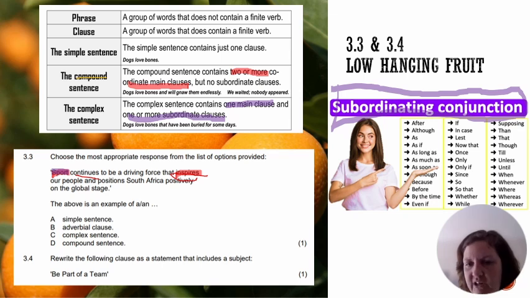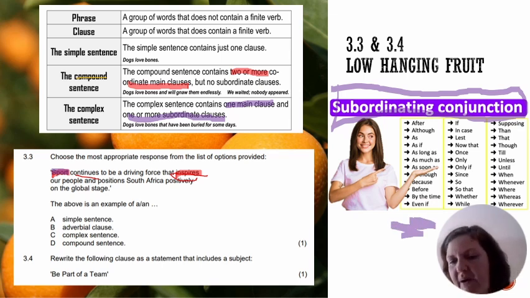So you could actually go and learn this list of subordinating conjunctions more or less off by heart. And you could know that words like than and that and because and if and as, those words are subordinating conjunctions. And if you see two verbs joined by a subordinating conjunction, it must be a complex sentence. So there's a little hack that you can study to help you with simple, compound, and complex sentences.